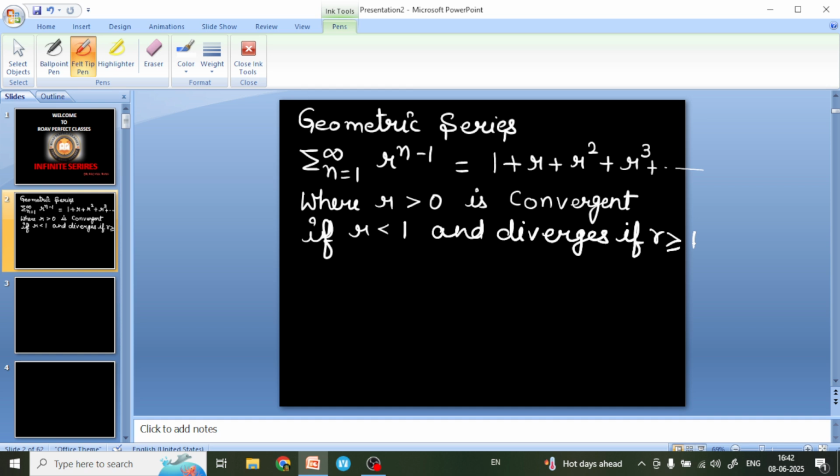If r is greater than 0 and less than 1, that is convergent. Otherwise, if r is greater than or equal to 1, then it is a divergent series. We have to prove it.